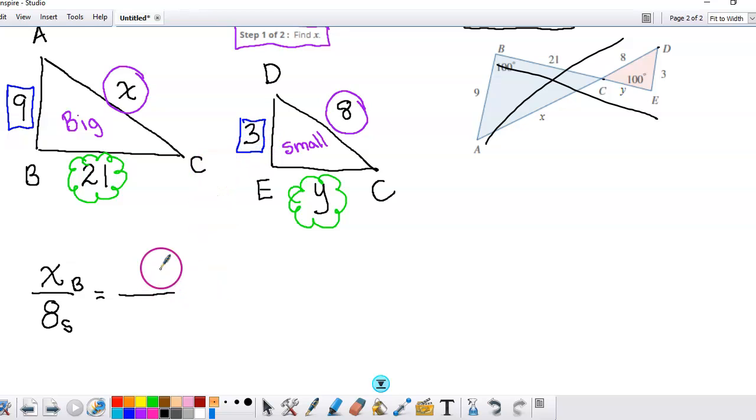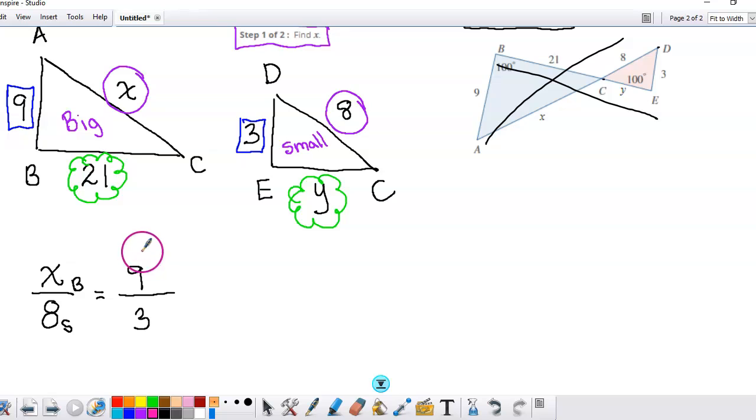So how do I know which to put on top, the 9 or the 3? I look to what I did before. I chose to put the side from the big triangle on top. That means I'm going to do it again, the side from the big triangle on top. I put the side from the small triangle on bottom, so the matching side to 9 is 3, and that will go on the bottom. The setup is handled. Now we solve.